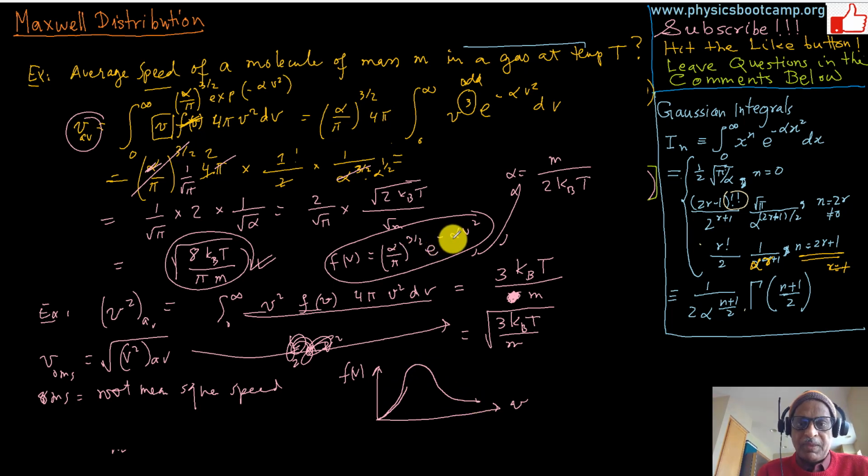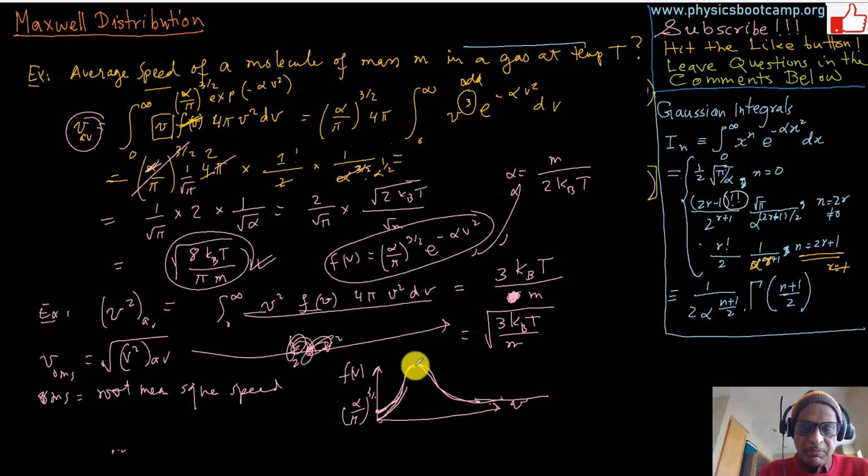It's not 0 here, so it goes from some constant at V equal to 0, this alpha over pi to the 3/2, but it's going to have some maximum, and then as V goes to infinity, this will go to 0, right?